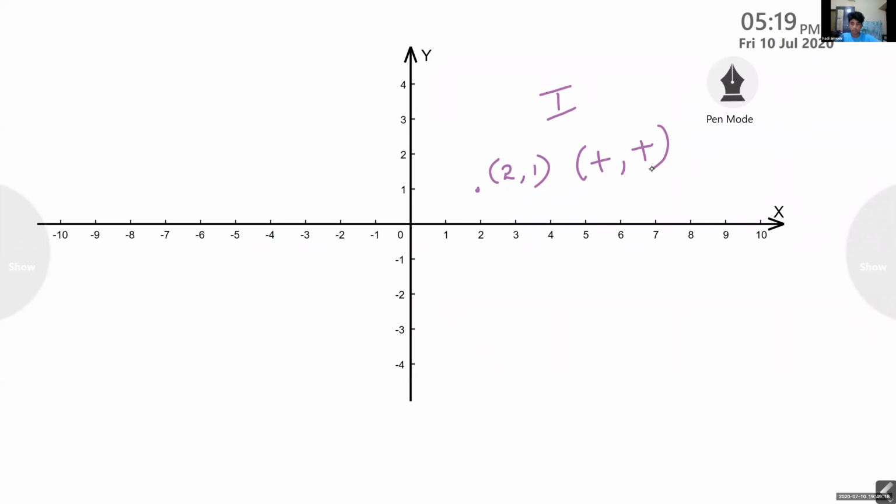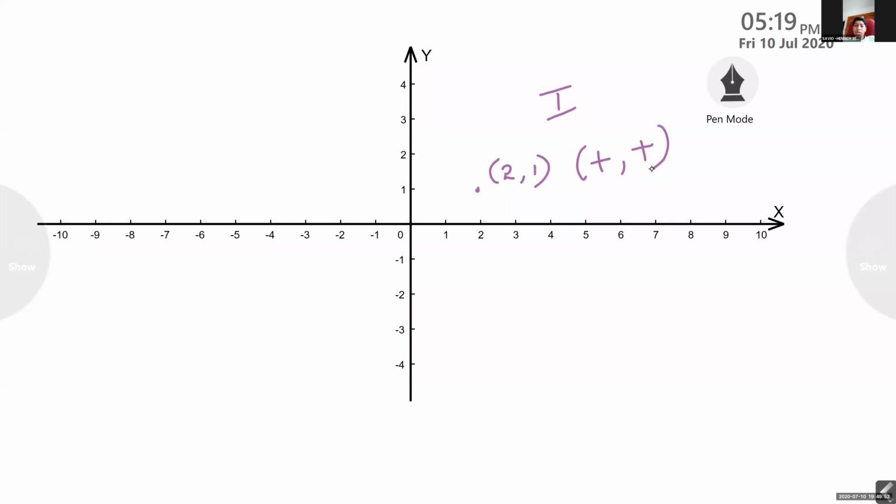Savio, am I audible to you? Yes, ma'am. So what is the sign of the coordinates in the first quadrant?